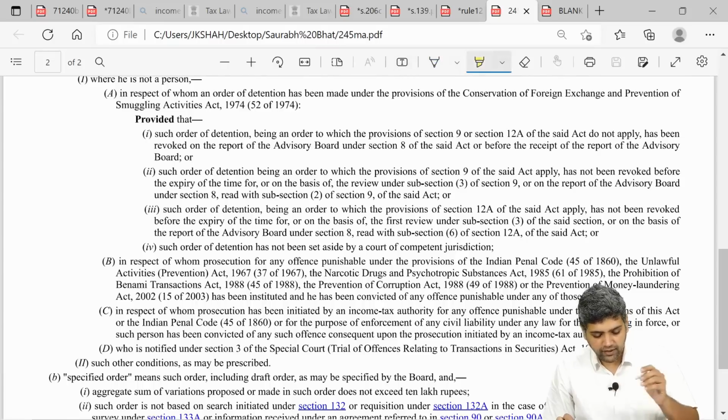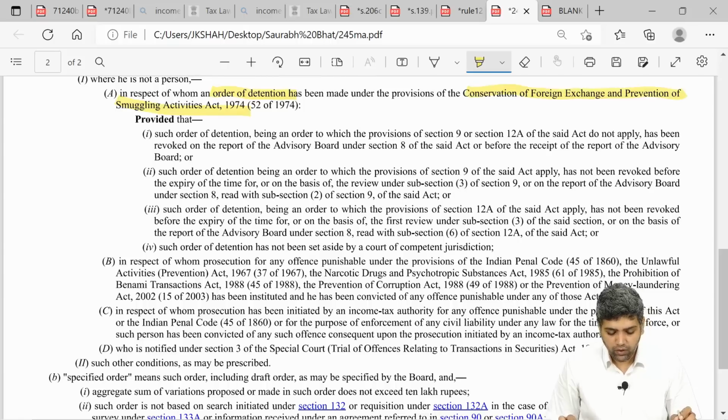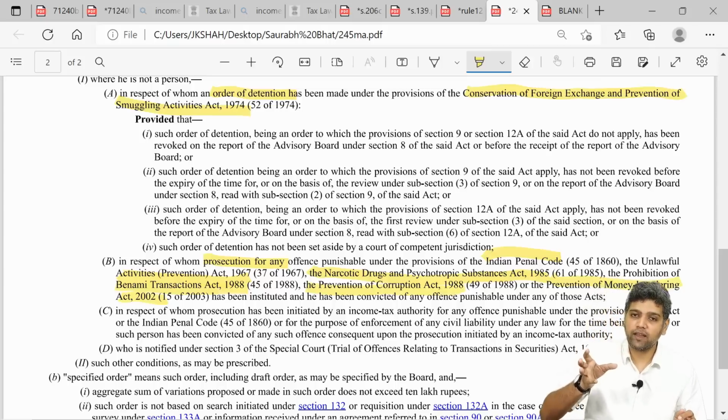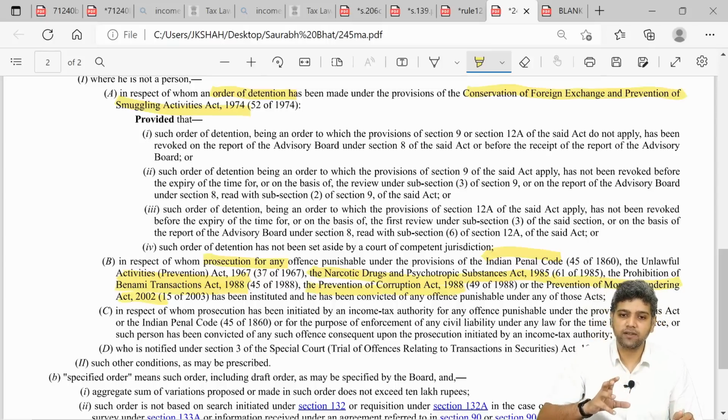If an order of detention has been made under the Conservation of Foreign Exchange and Prevention of Smuggling Activities Act 1974, or in case he has been prosecuted under the Indian Penal Code, Unlawful Activities Prevention Act, Narcotic Drugs and Psychotropic Substances Act, Prohibition of Benami Property Transactions Act, Prevention of Corruption Act, Prevention of Money Laundering Act. If any of these acts are invoked in the case of the assessee, order of detention is passed or prosecution is launched, then the assessee cannot approach the dispute resolution committee.